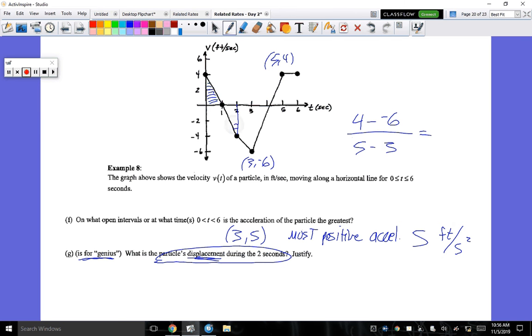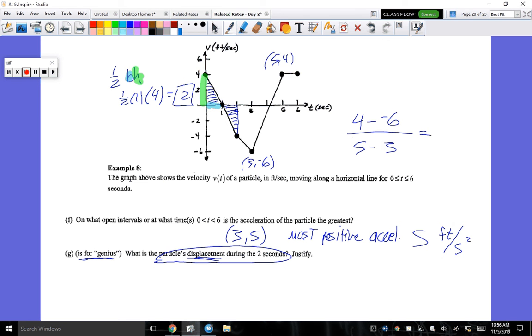So this area underneath the curve, when I add those two areas, it will tell me what the displacement was. So let's do a triangle, 1/2 times base times height. The base is 1, the height is 4. So 1/2 times 1 times 4, this area is 2. 2 feet squared.